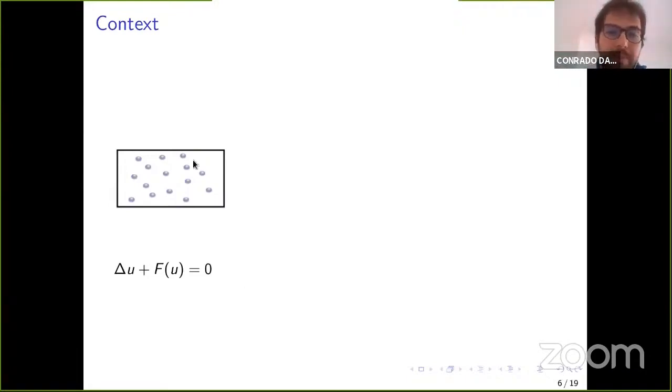And the question then becomes, what type of functions satisfy this equation? What type of density profiles satisfy this equation? Still a very multidimensional question, in functional space.